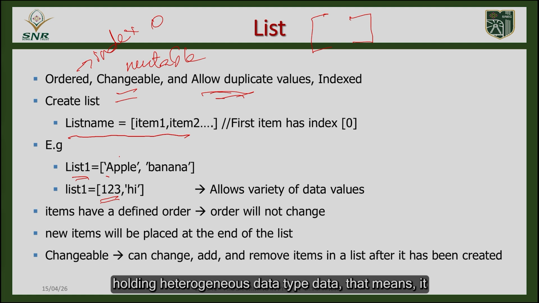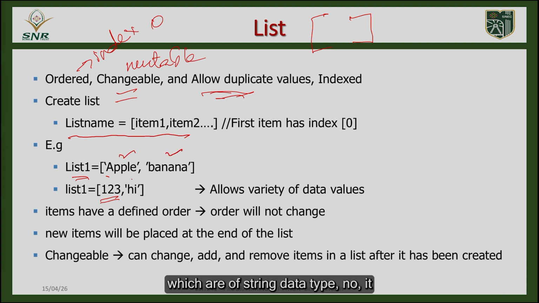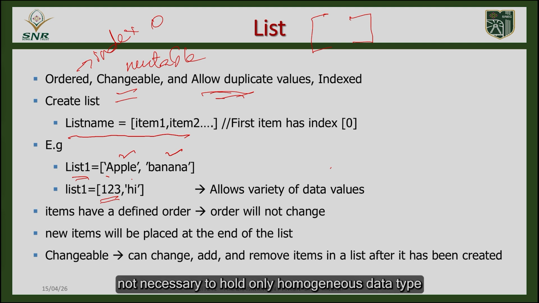That means it is not necessary that list1 should hold only string values. It can hold mixed data type values also. For example, list1 is equal to 123, hi. This 123 is an integer data type, and hi is a string data type. So you can hold mixed data type values inside a list. It is not necessary to hold only homogeneous data type values.